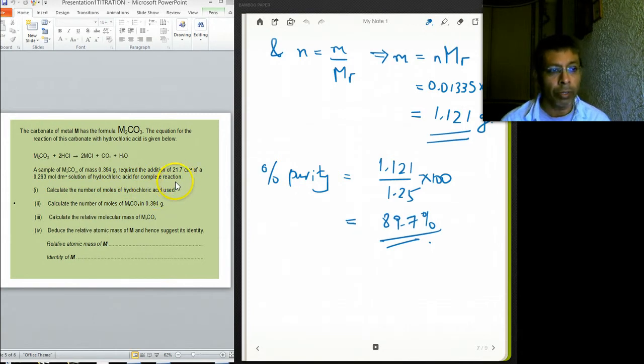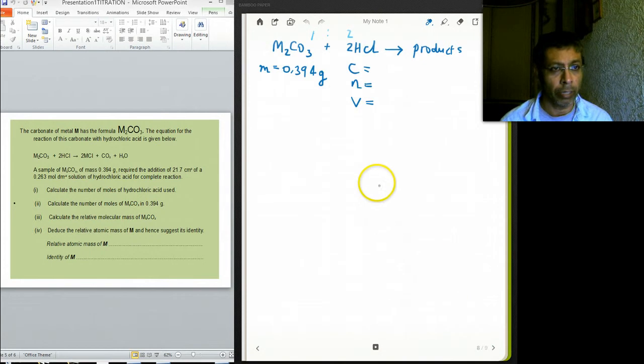Again, see if you can make some sketches to see what this would look like, or just write down some information on some paper like this. And I've done that here, look. So there's the magnesium carbonate, there's the hydrochloric acid. Write down the information, 0.394 grams of your solid carbonate, and your hydrochloric acid. Let's summarize what we've got.